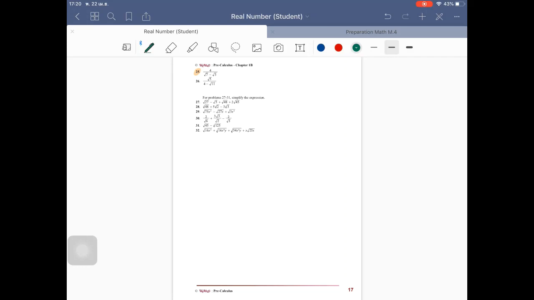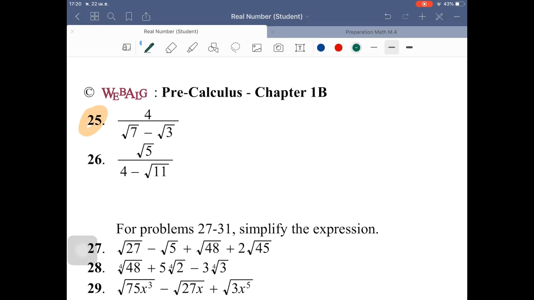Okay, last question. Question 25. So same as question 23. Multiply the denominator by itself but change the symbol from minus to plus.